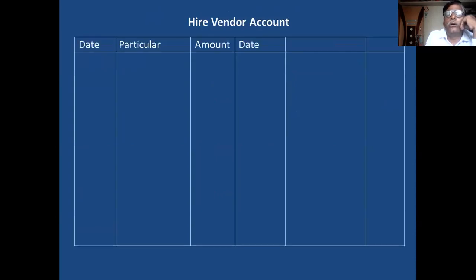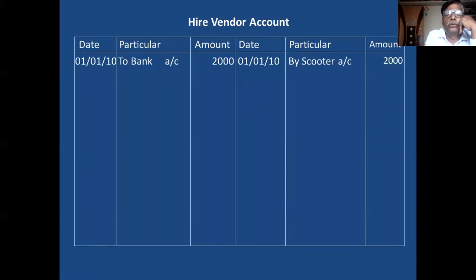In the hire vendor account, debit side bank installment column. Credit side asset name, principal column, interest column. First year amounts. To bank 2,000, by scooter 2,000.